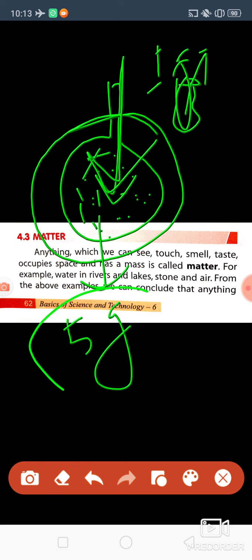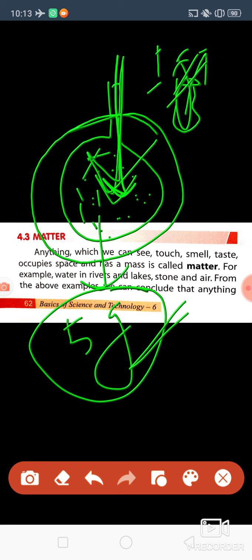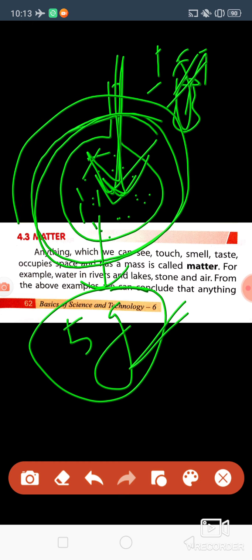So can you see that from 1 gram it has changed to 5 gram? How is its mass changing? Because we are filling air into it. From here we conclude that air is occupying space and it is having mass. So we can say that air is also matter.